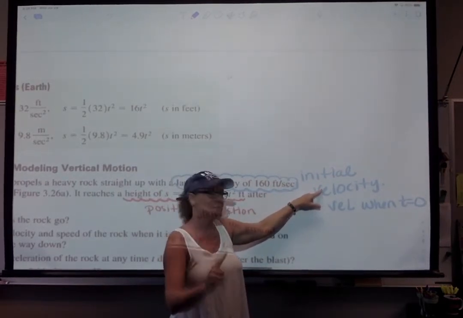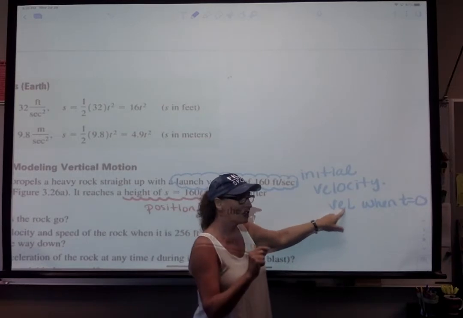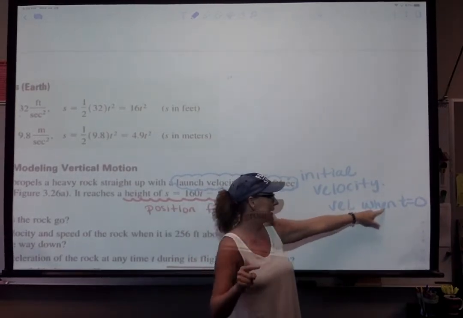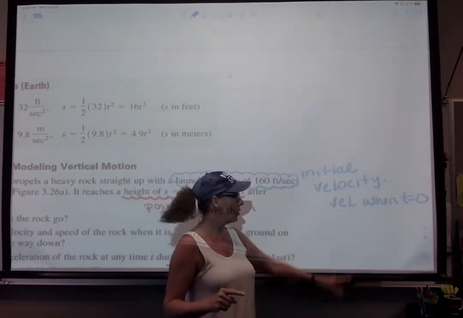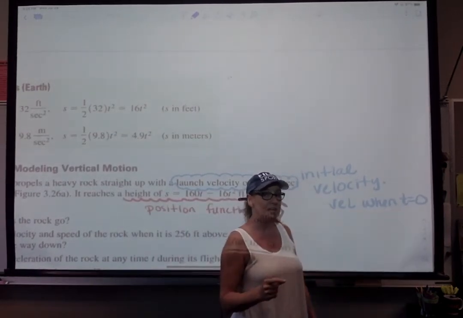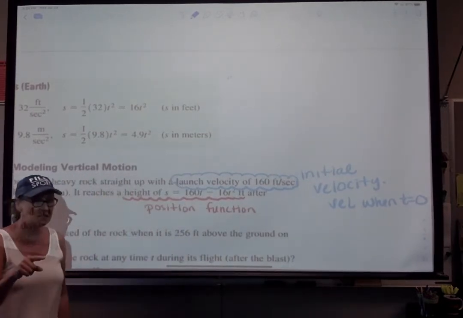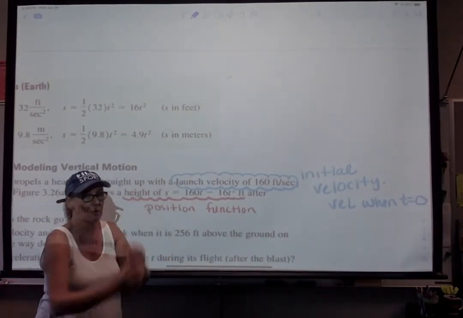Initial velocity means that's the velocity the moment the experiment began, so at time equals 0. When t equals 0, v is positive 160, because it's going up. That's its velocity.